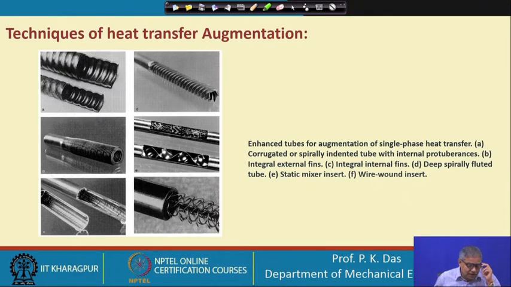In C, there are different kinds of small fins inside the tube, and as they are small, they are not only increasing the surface, they are also giving a rise in the heat transfer.